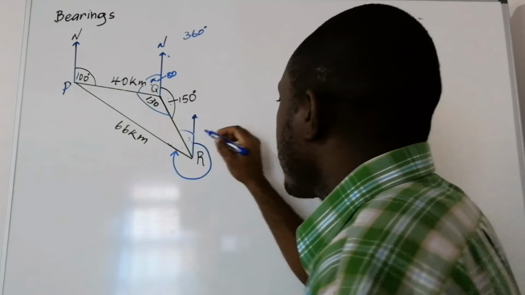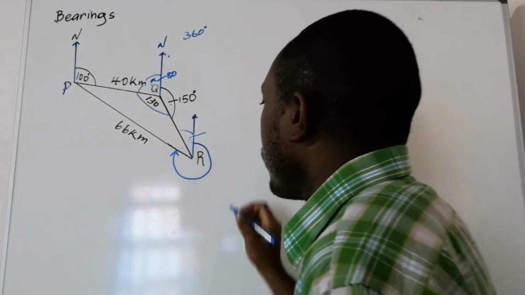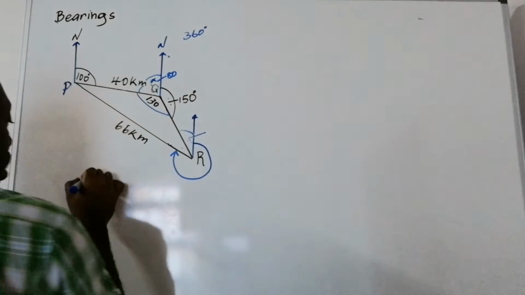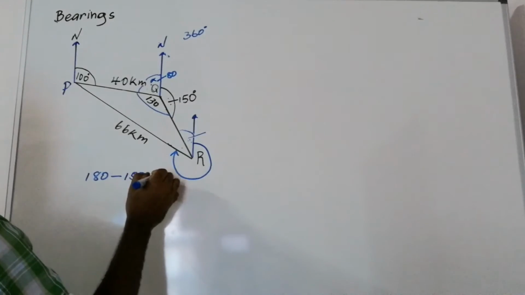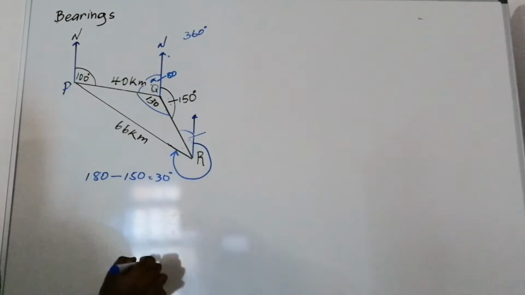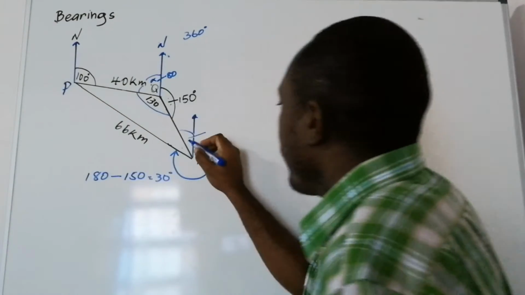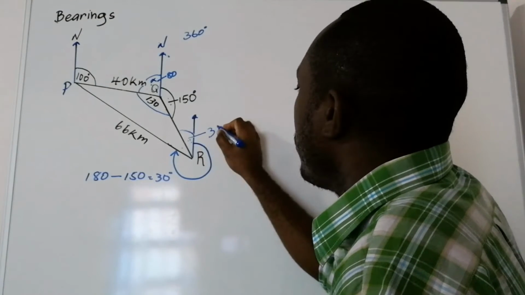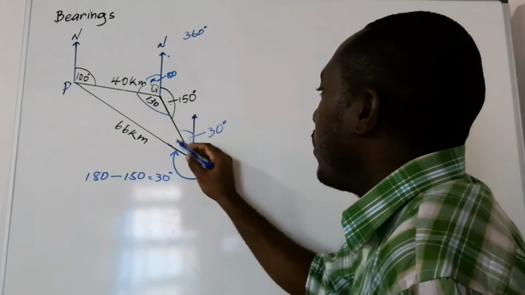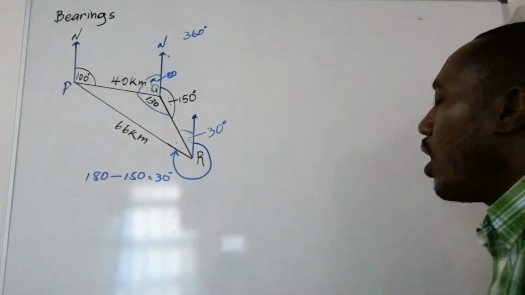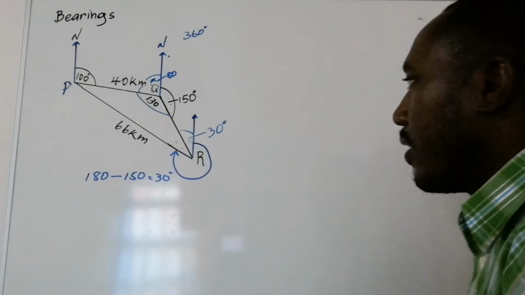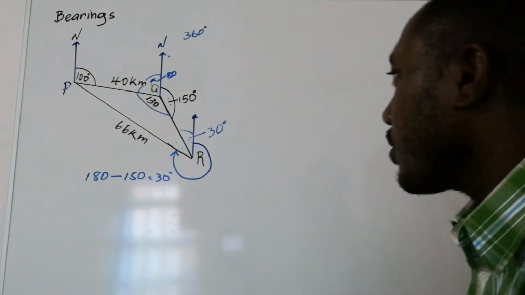So this portion of angle here will be 180 minus 150, which will give us 30 degrees. We know that is 30 degrees. So all we need to do is find that angle there. So how will we find this angle here?